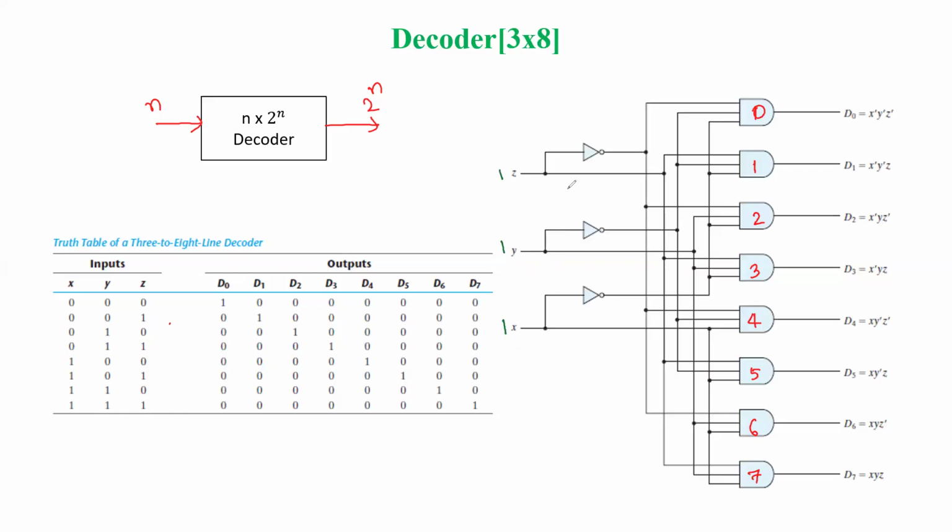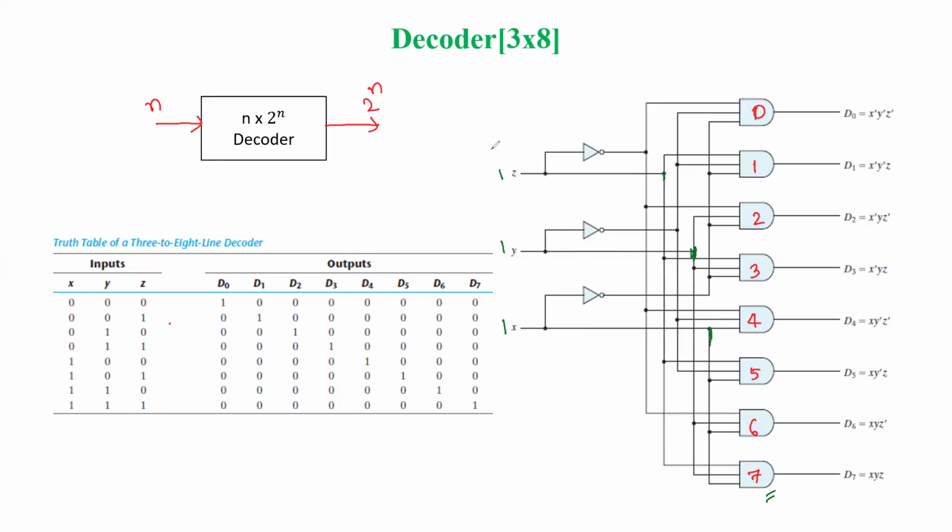So the non-inverted outputs will be connected to AND gate 7. You can observe that connection here, the flow is given from here. Again for Y, this line is going down and is connected. For Z again, this line went down and it is connected to AND gate 7.